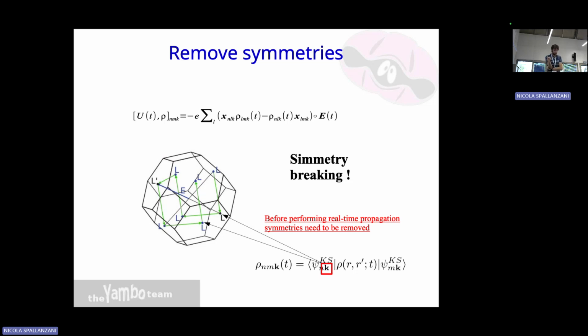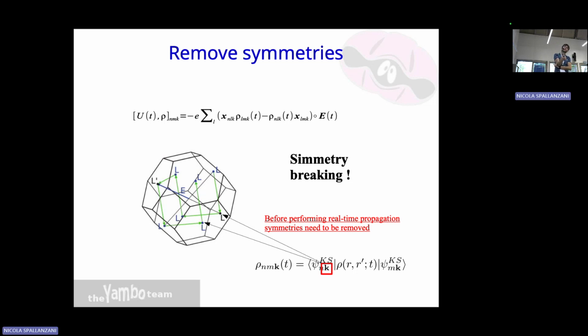Then when you do a simulation with Quantum ESPRESSO, it will give you the wave function just at one of these eight points, because all the others are related by symmetry. What is called the irreducible Brillouin zone will contain just L. But now if I apply a field in some direction, for example, connecting gamma and L prime, then the response of this L point and L prime point will be different, because the electric field is breaking this symmetry relation.